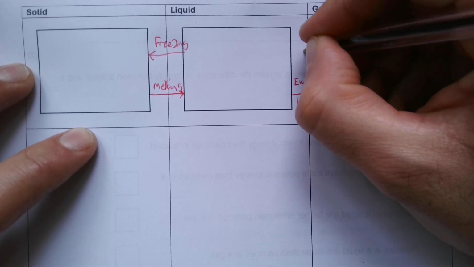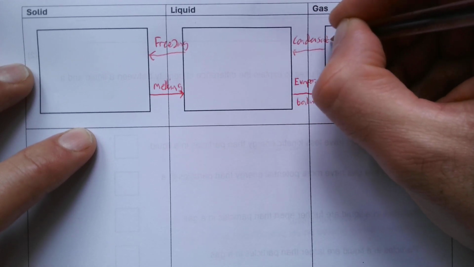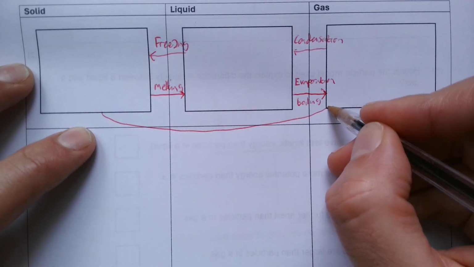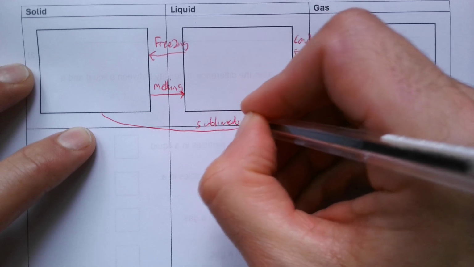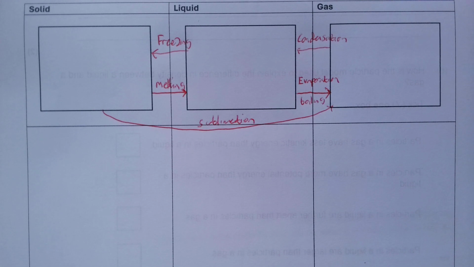And if we go the other way, from gas to liquid, we call that condensation. And in certain circumstances, we can go from a solid straight to a gas, and that's called sublimation. You need to know all these. You should know all those anyway because of just normal everyday life.